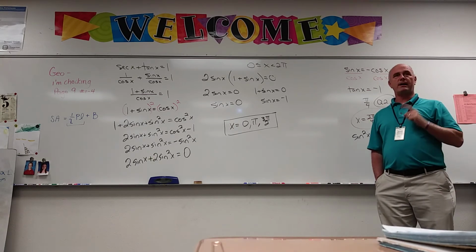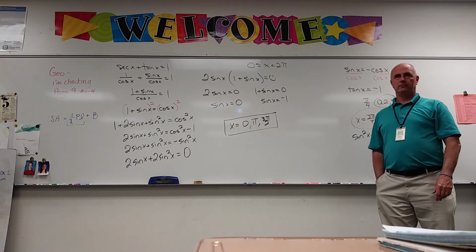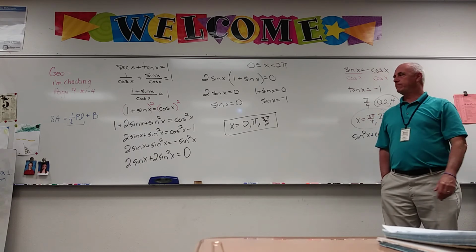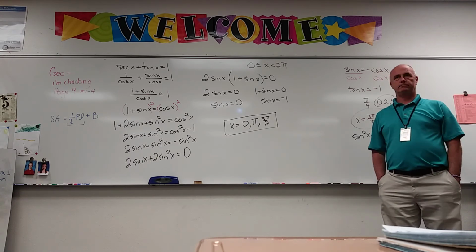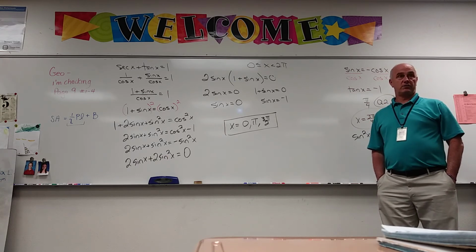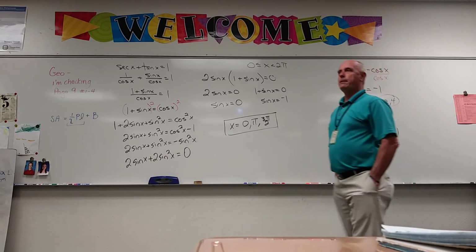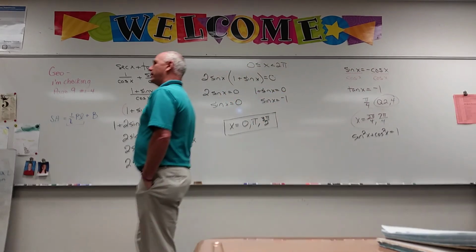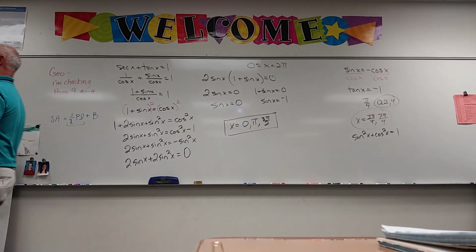But there is one step that's a problem, and we have to pay attention to that. And that is the red step: squaring both sides. Remember how we said that whenever we take the square root of both sides of an equation, we have to go plus or minus?